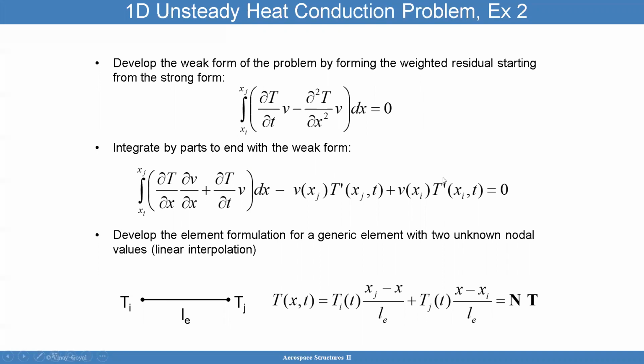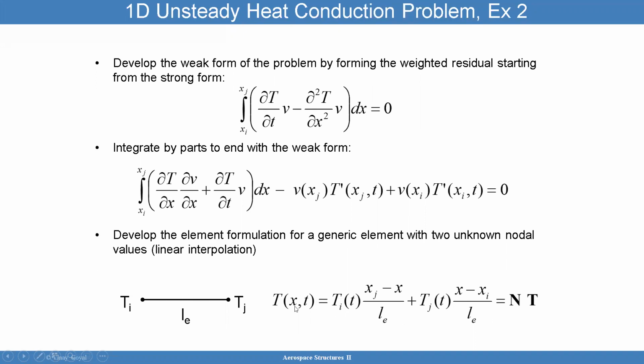So you get this equation, and now I approximate the domain using a simple linear function, and this works really well. You can check it yourself at home that when I put x equals xi at this node, I should recover the temperature at this node, and you will see that it does. If I put xi here, I get LE divided by LE, I get 1. If I put xi here, I get 0. So I do recover back that value.